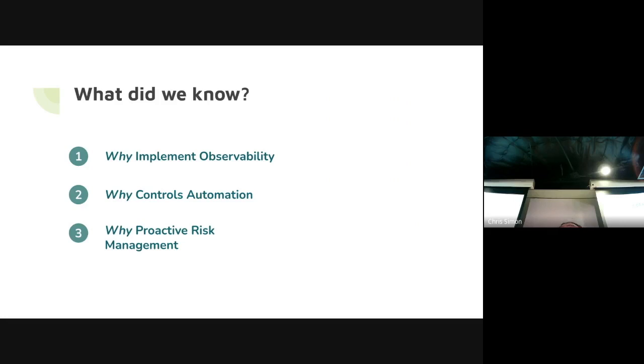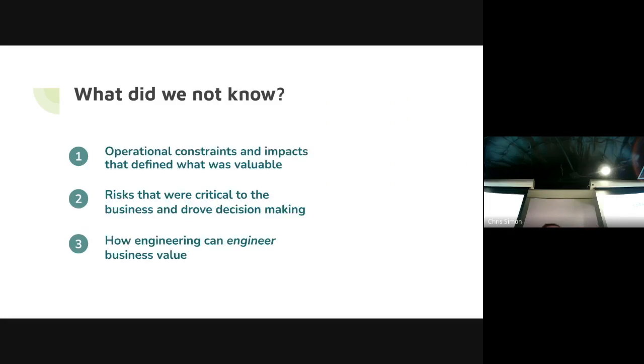We knew why controls automation was important, because it would enable the organization to be proactive with their risk management. That made perfect sense. We knew a lot. But like we were talking about, we really didn't know operational constraints and impacts. We didn't know the risks that were critical to the business for their decision making.